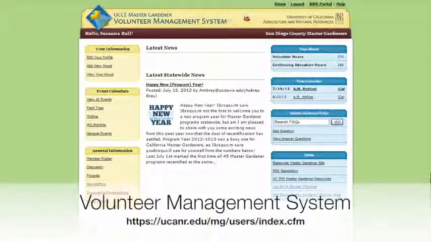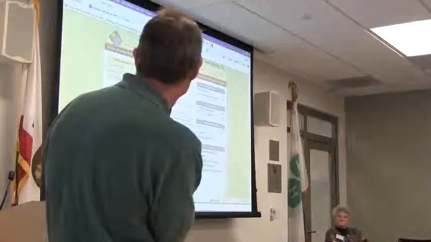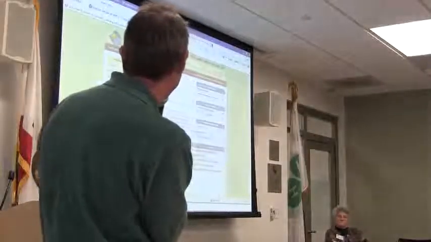The volunteer management system. This is something that, once again, Byron's going to be talking about, but this is where we keep track of a lot of the statistics for our program here in San Diego, and we make things available to you. The one thing I want to have you guys take a look at is down here, there's a thing that says documents presentations.